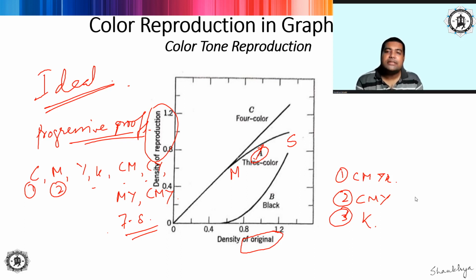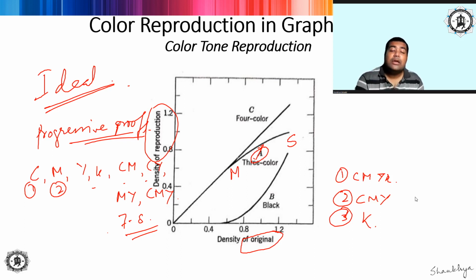It will always create maybe a tinted gray, maybe a reddish gray, something like this. So it does not create ideal black. So what to do? For that only we had to introduce the fourth printer, that is the black printer.